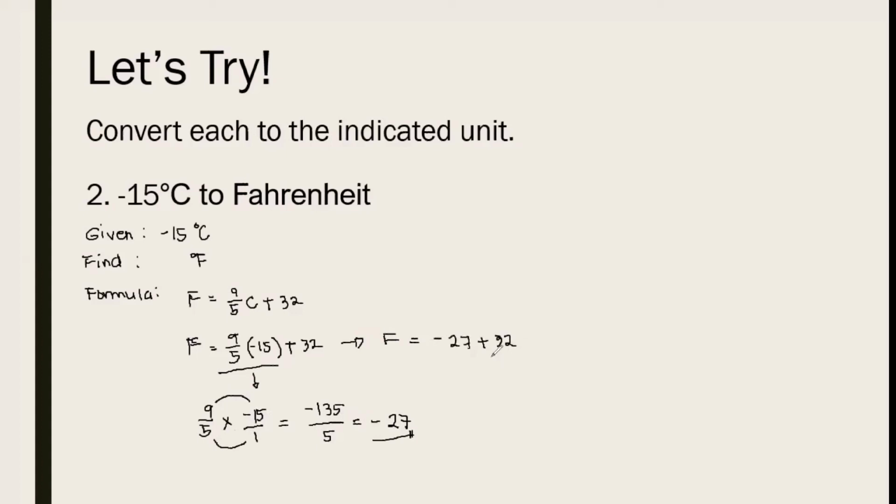Following the rules of integers, when we are combining two unlike signs, F here will be equal to positive 5. As for the conclusion, we can say that negative 15 degrees Celsius is equal to 5 degrees Fahrenheit. And this is now your final answer. So let me write the final answer here, 5 degrees Fahrenheit.